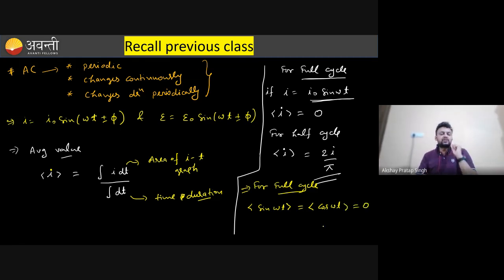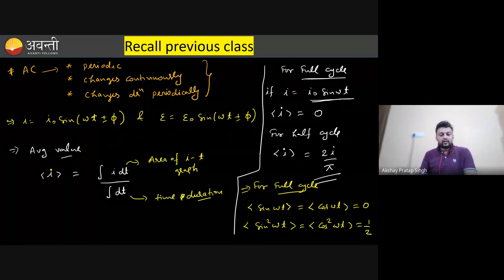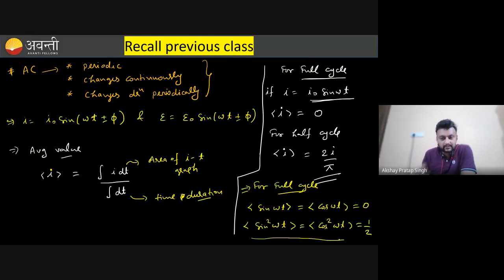Always remember, this is the basic punchline, that sine omega t and cos omega t have zero average value for one complete cycle. Similarly, average value of sine square omega t, you can use sine square theta as well, both are the same, and cos square omega t, average value is 1 by 2. Bhaskar has joined. Okay, is it clear to everyone? Do you remember these few things?